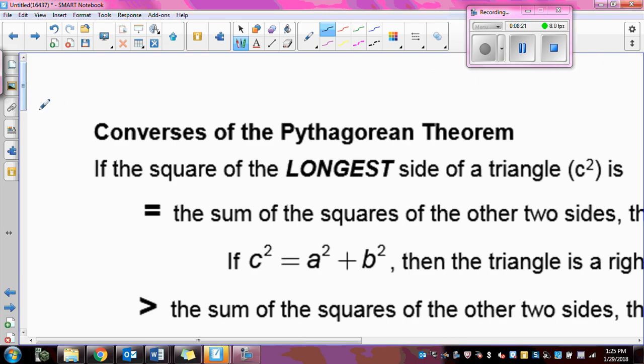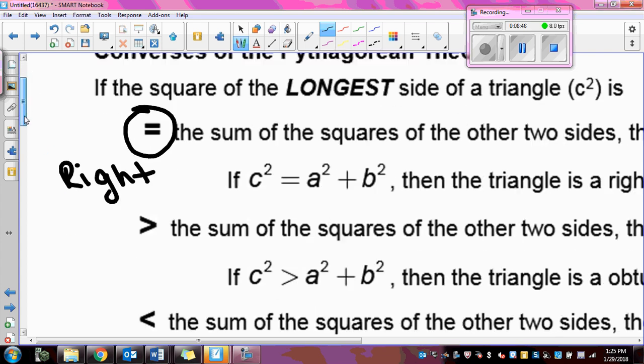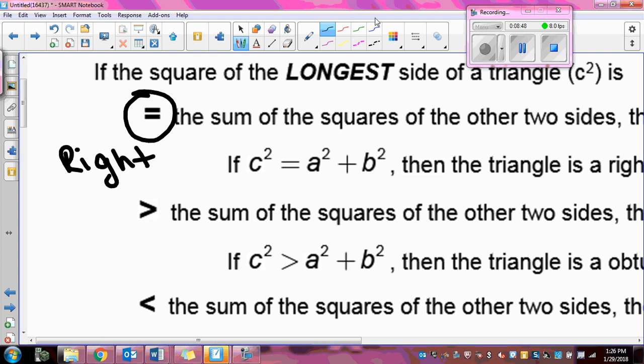Not all triangles are going to be right triangles, right? But if they're not, we're going to find out how to see if they're an obtuse triangle or an acute triangle. So if they follow the rule that a squared plus b squared equals c squared, then if they're equal, it's a right triangle, right? But let's say that my c squared is bigger.